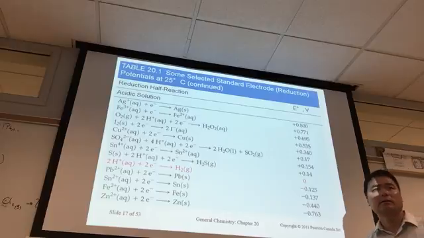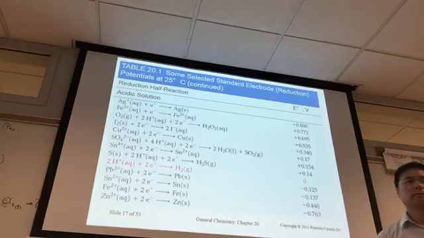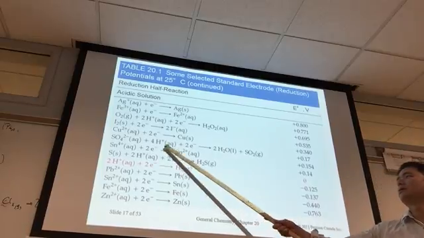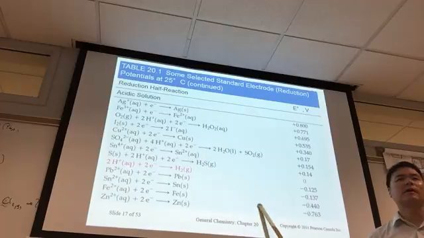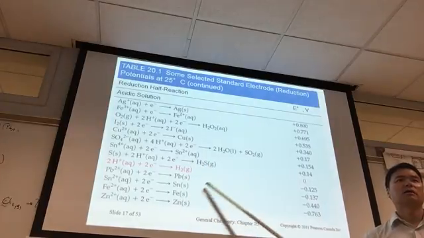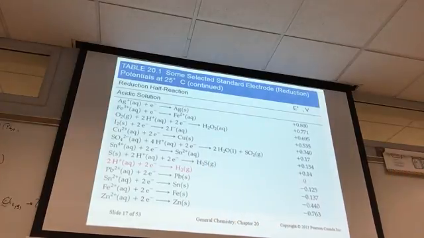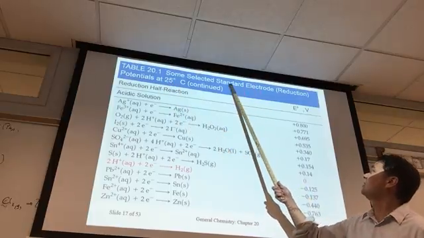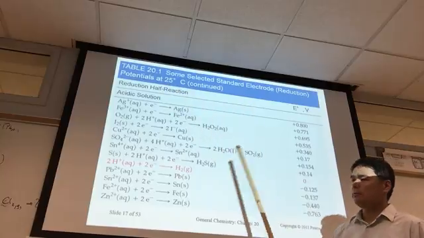On that slide, you said it was a neutral solution. Normally we do acidic or basic. Neutral is very tough because this is going to have either 1 molar H plus or 1 molar hydroxide. For neutral, it would be non-standard conditions, and these are all standard reduction potentials.